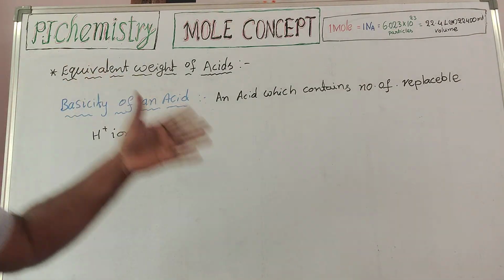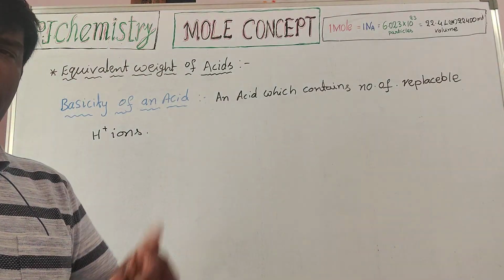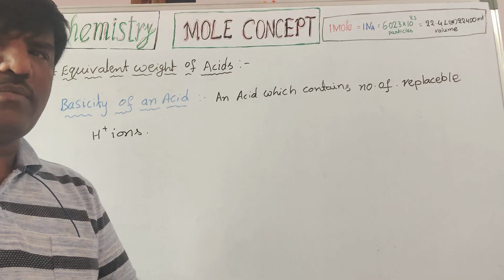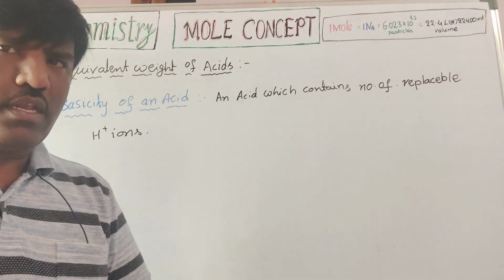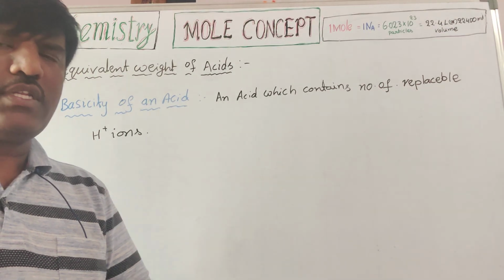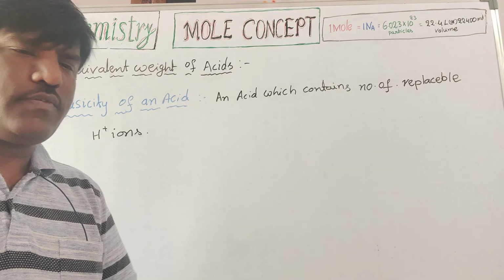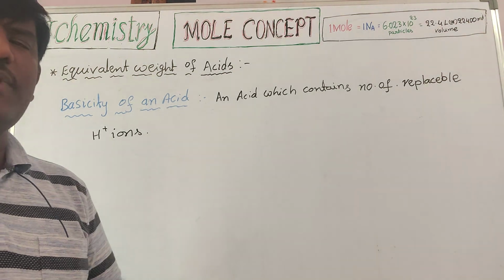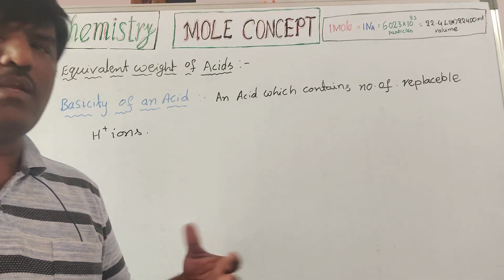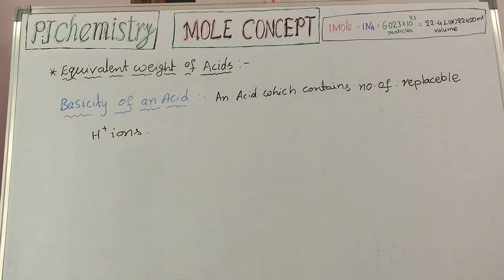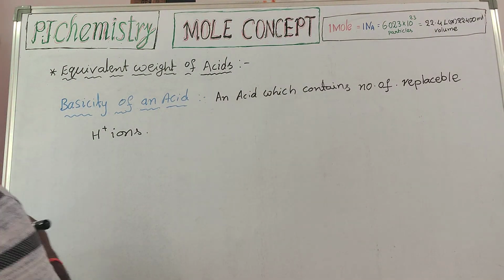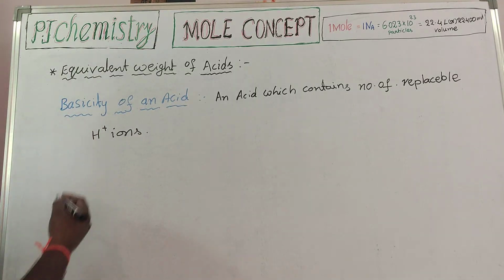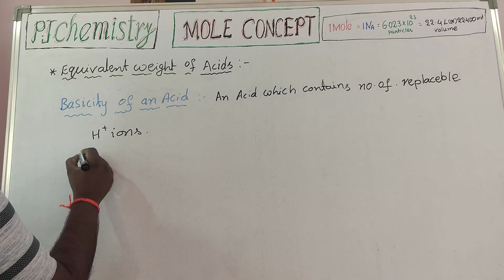For the basicity of an acid, if one replaceable hydrogen ion is there, we call it a monobasic acid. If two replaceable hydrogen ions are there, we call it a dibasic acid. If three are there, we call it a tribasic acid. That is how they classify the basicity of an acid.